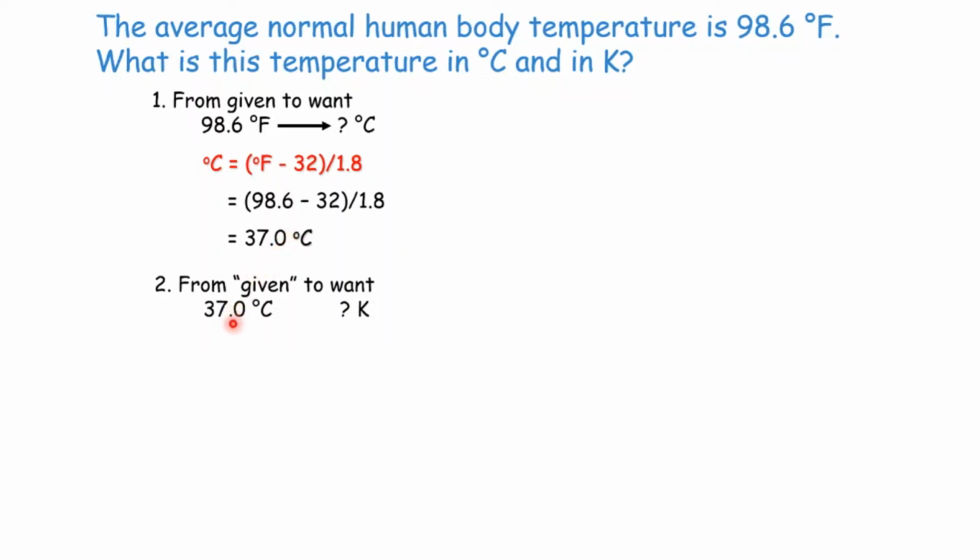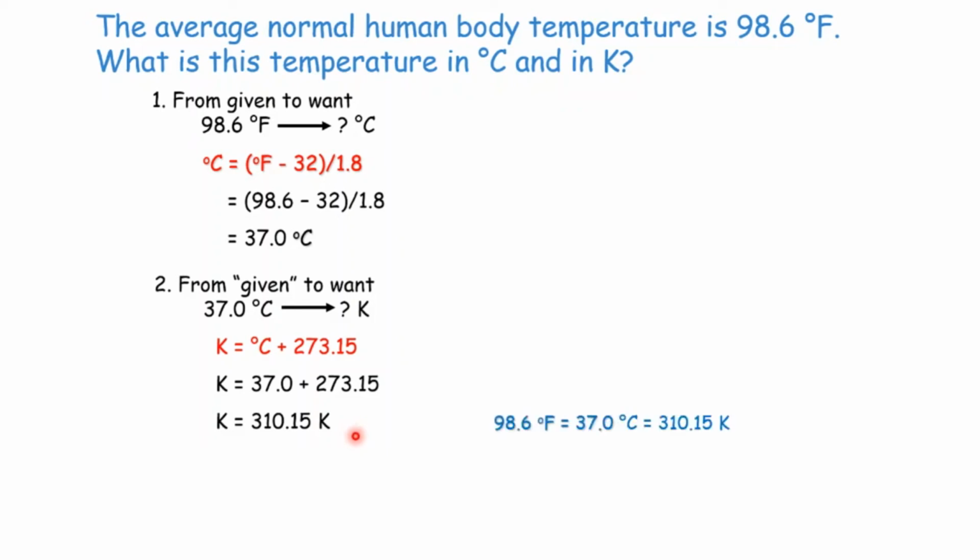So now 37 becomes known, or becomes given. And what do we need to find out? Kelvin. And we simply use this equation. And that gives us 310 degrees on the Kelvin scale.